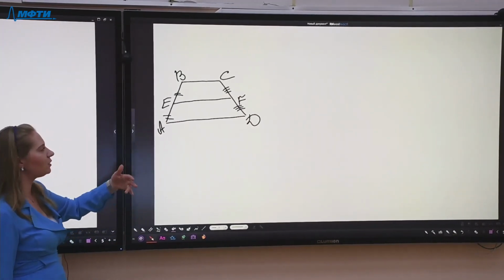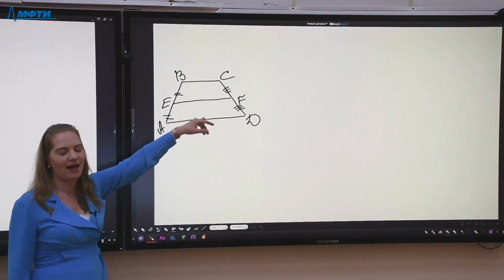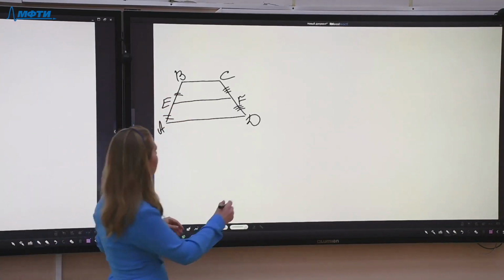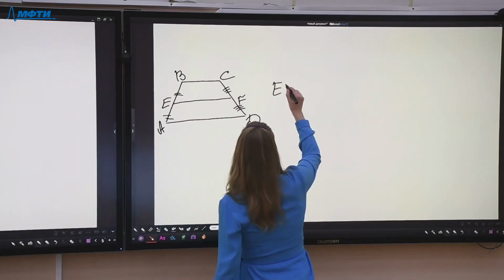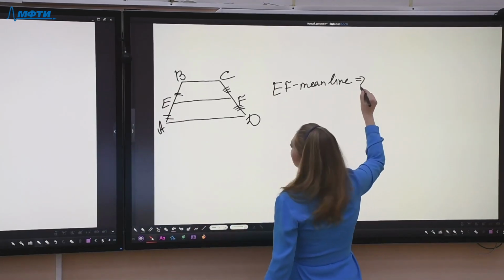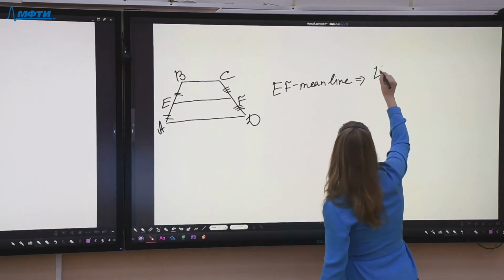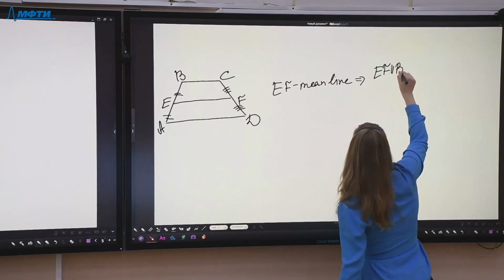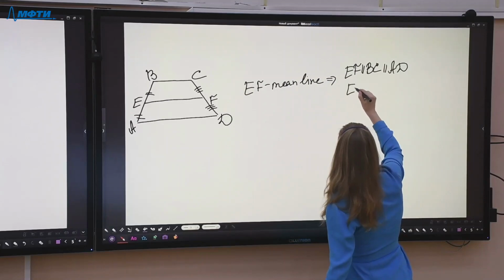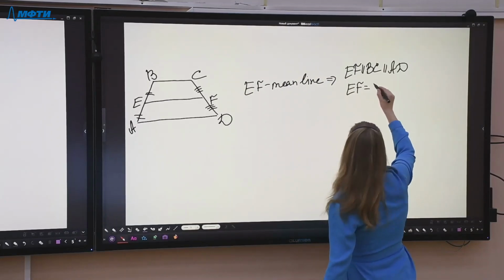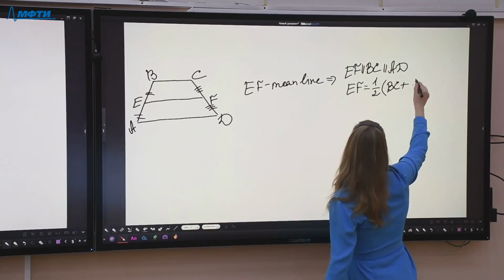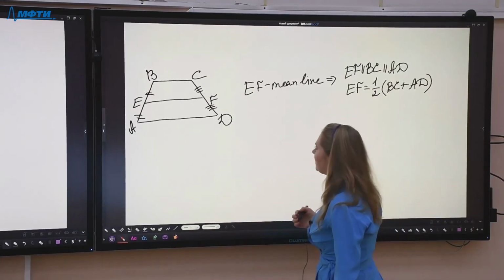And more than that, we know the length of EF. It is 1/2 of the sum of bases. So EF is a mean line. It means that EF is parallel to BC and BC is parallel to AD. And the length of EF is 1/2 of a sum of lengths of the bases, BC plus AD.